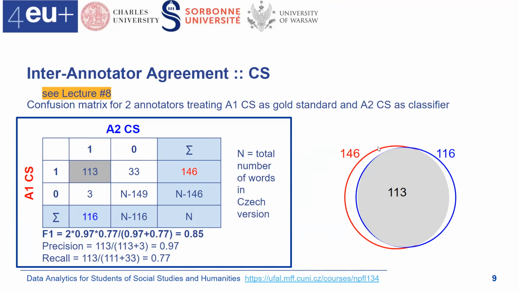So we can see that 113 subjects, these are so-called true positives, so the annotators agree on this amount of subjects. 33 true subjects were not recognized by annotator A2, and 3 non-subjects were recognized as subjects by annotator A2.